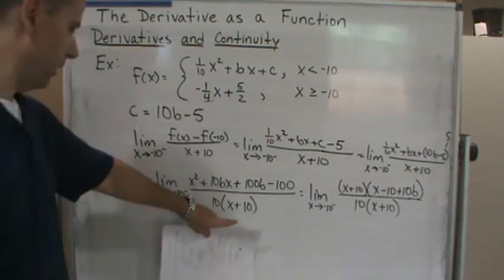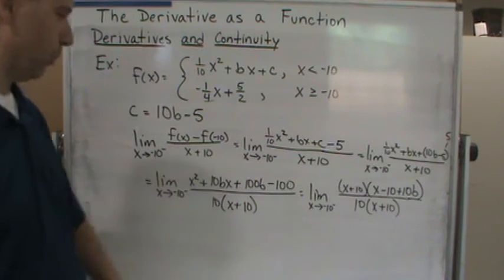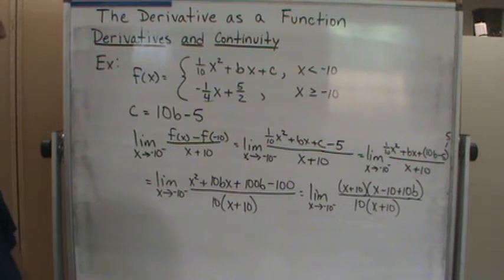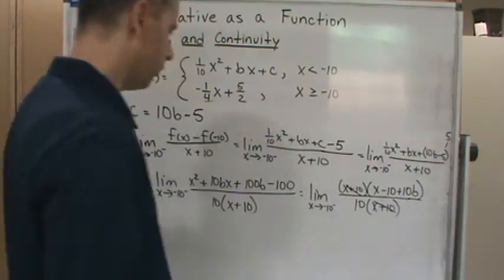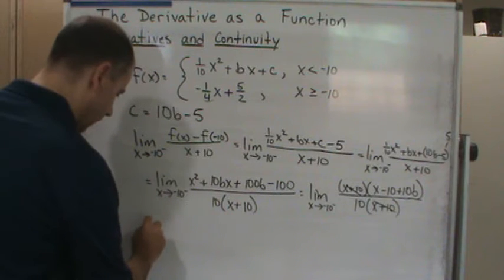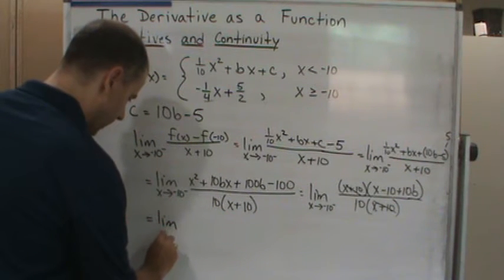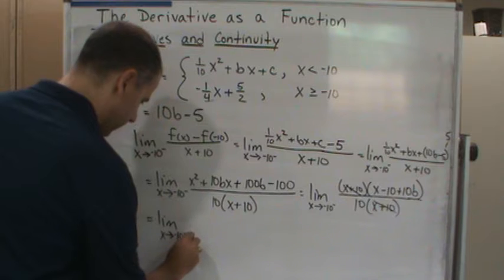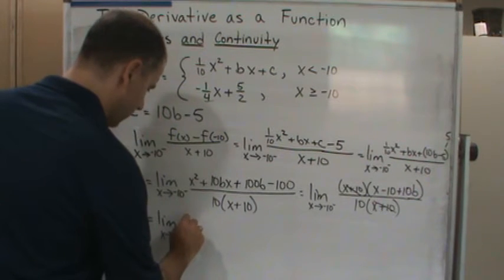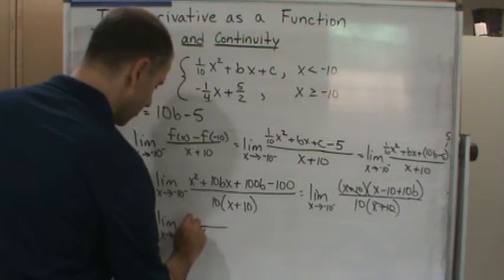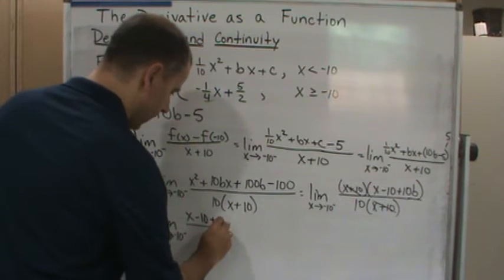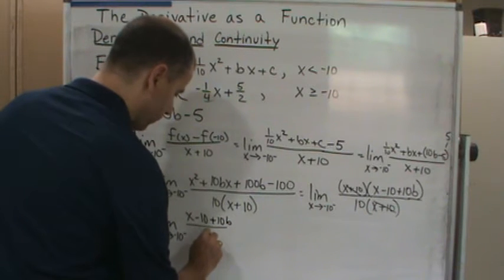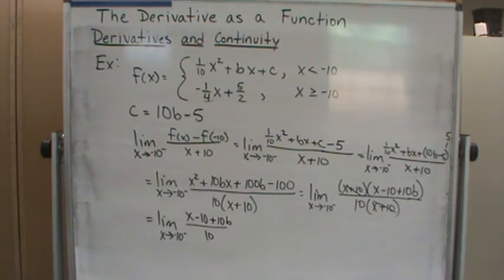So that's why I didn't expand it out here, because I want to get rid of that x plus 10 in the bottom. And so now those cancel, and we get the limit as x approaches negative 10 from the left of x minus 10 plus 10b over 10.